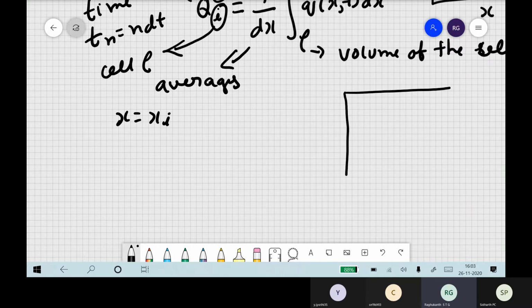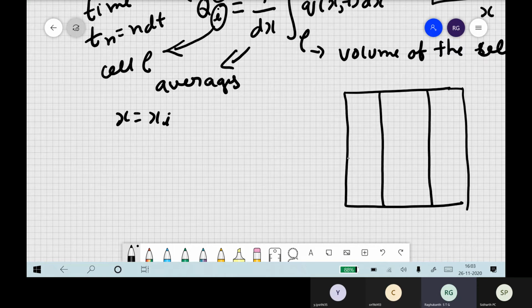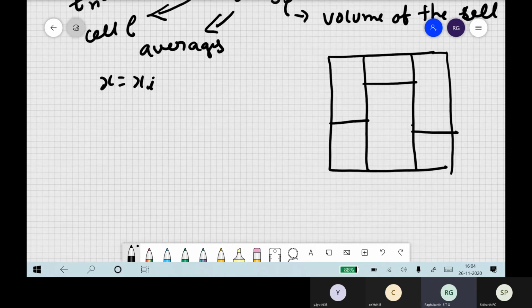Let us take three cells. This is one cell, this is another, and this is my value. Here qi is here, this is qi minus 1, then qi plus 1. You followed, right?